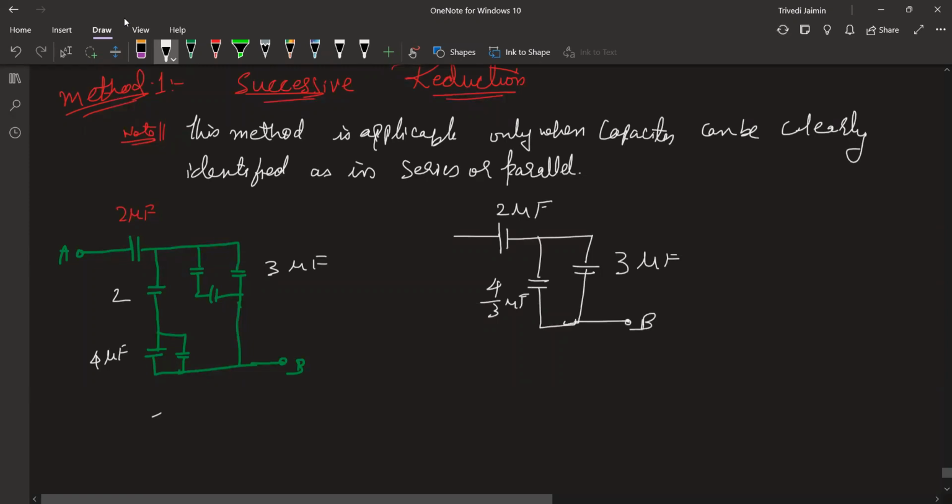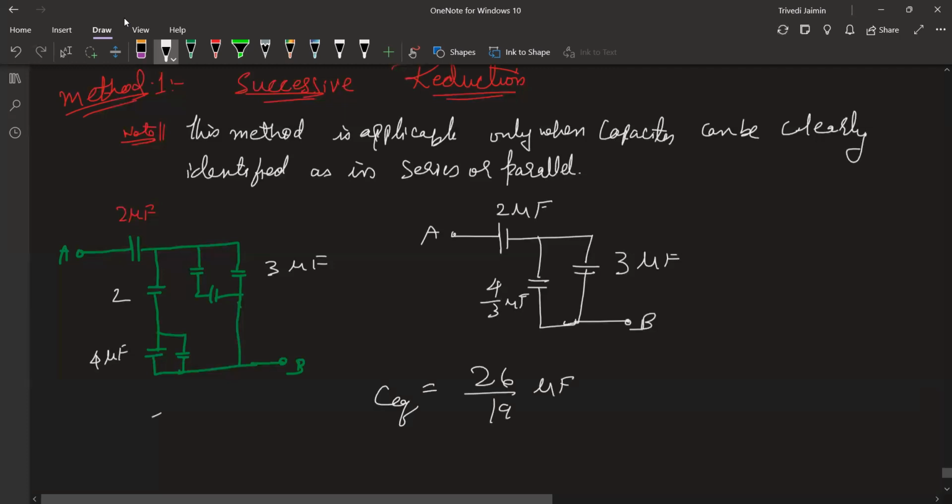And B. And this is A. Now simplify this. 4 by 3 plus 3, 9, 9 plus 4, 13. 13 by 3 and 2.